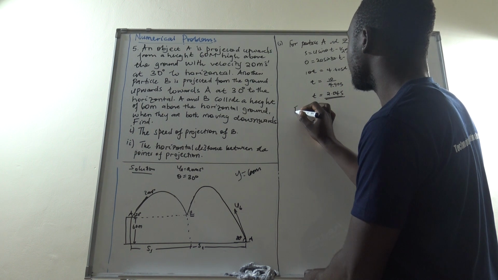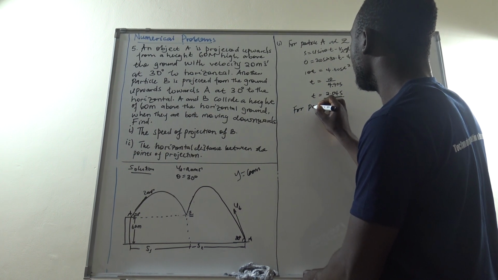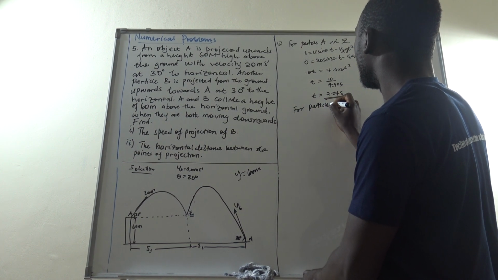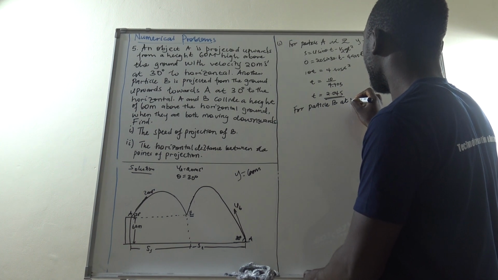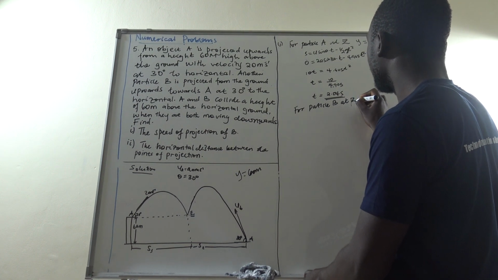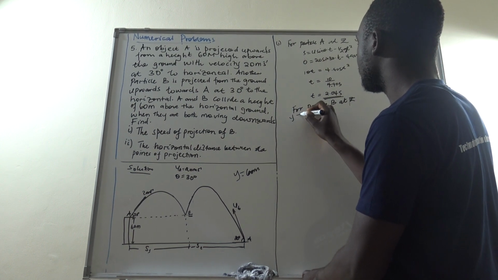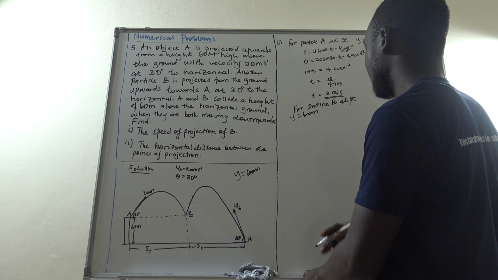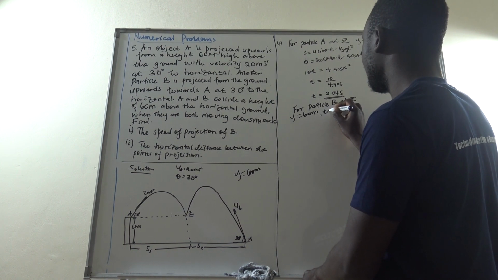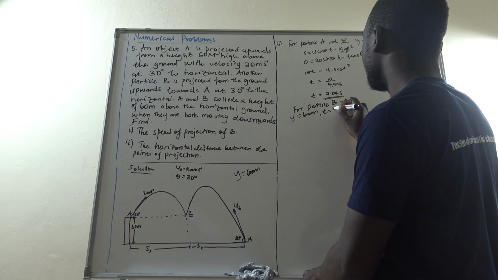Now we say that for particle B, at Z, its y is 60 meters.